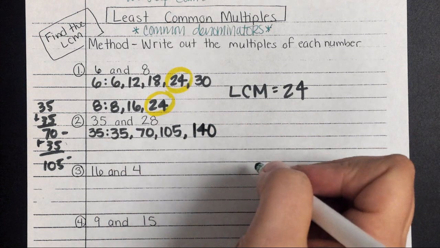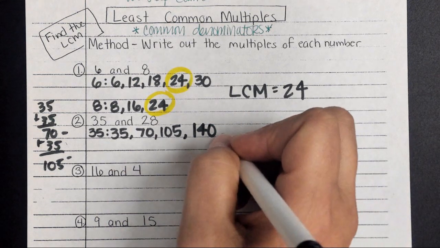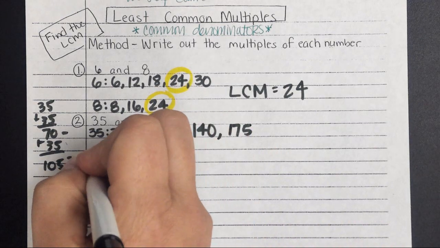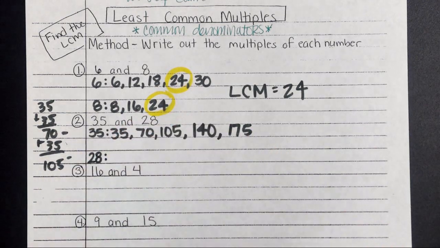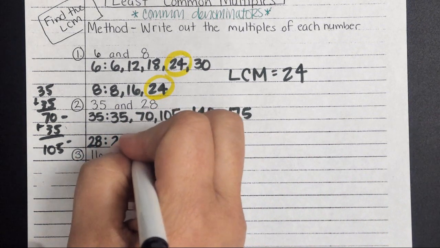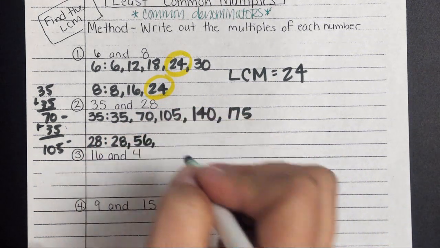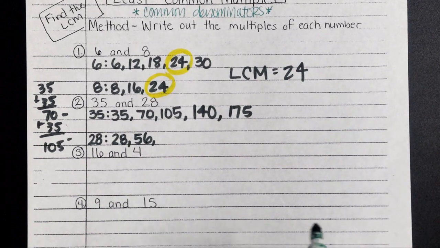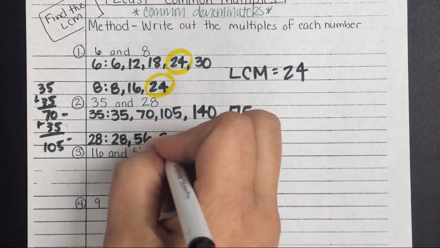140. Okay? I'm going to do one more. 175. Okay? Now let's look at 28. So what's my first multiple of 28? And then we go to 56. Then what's next? 84.